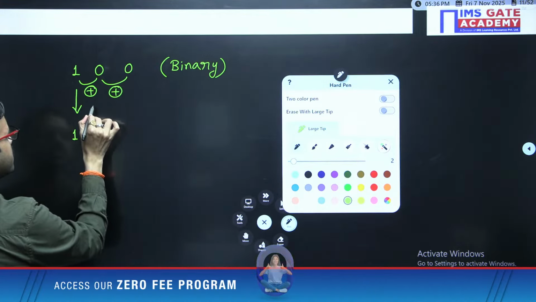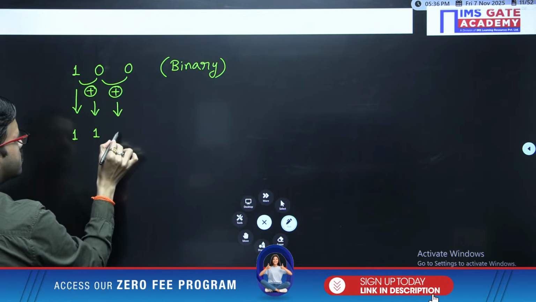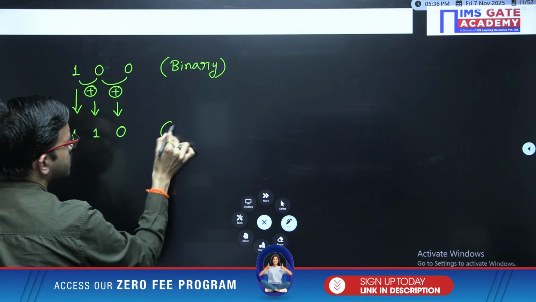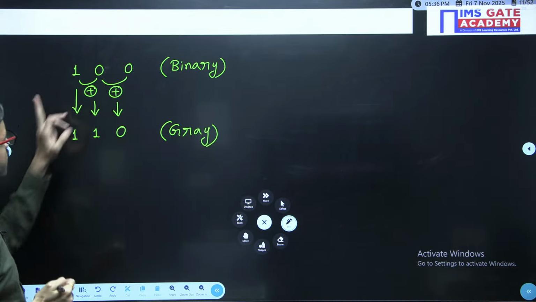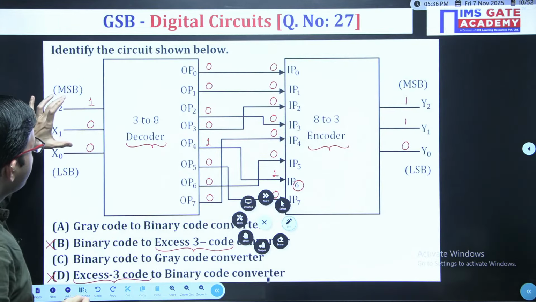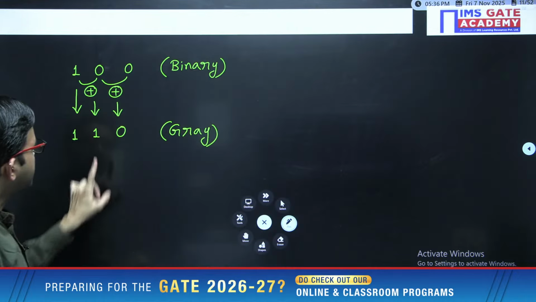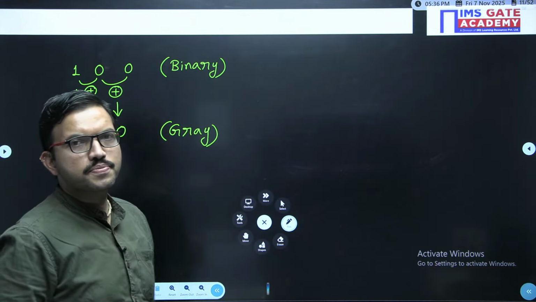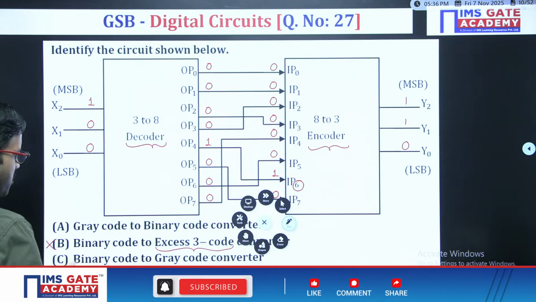Yes. If you have considered the input 100 as binary, the corresponding output 110, exactly, you are getting; that is your gray code. So that means here the given circuit is acting as binary to gray. That means option C is the correct one.